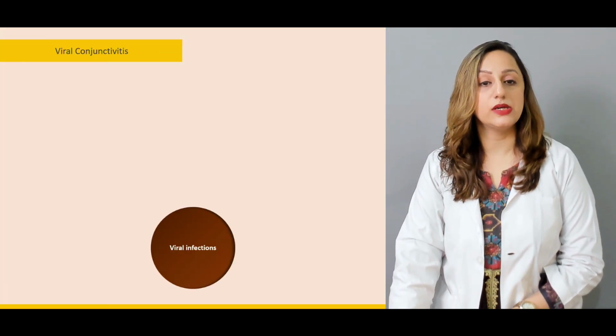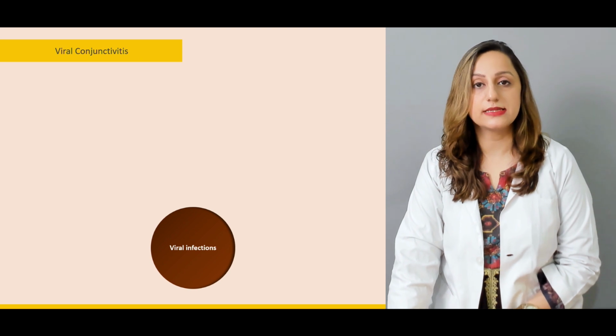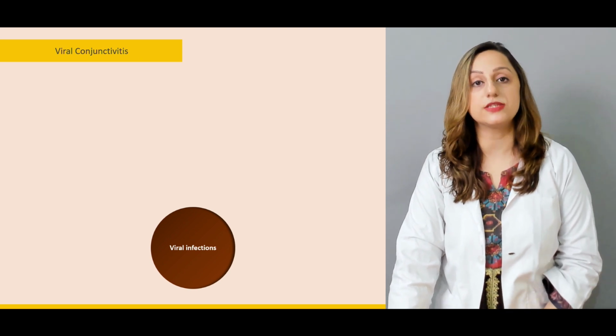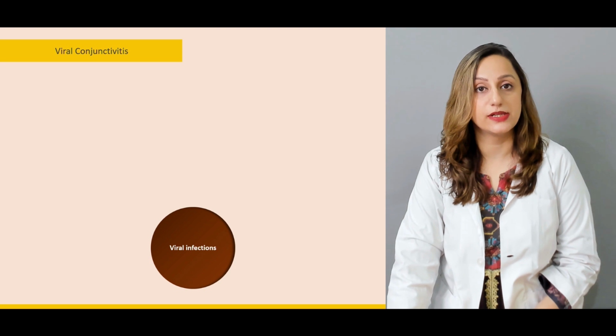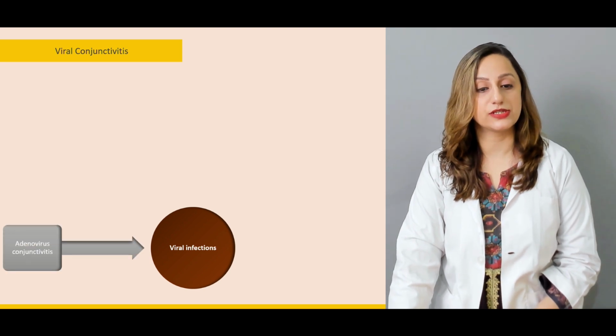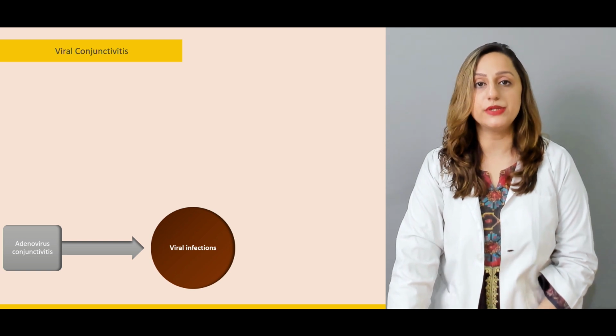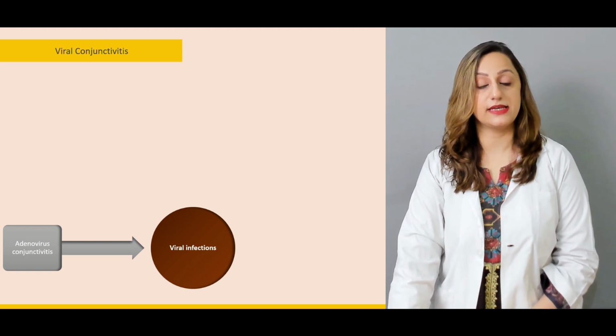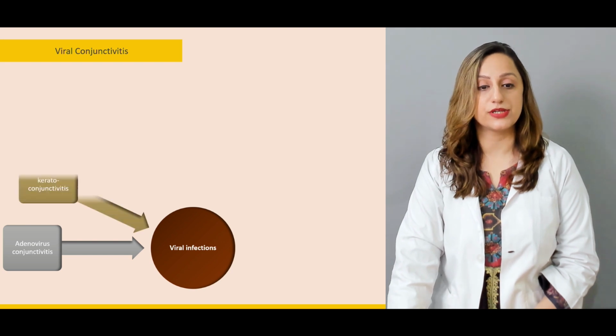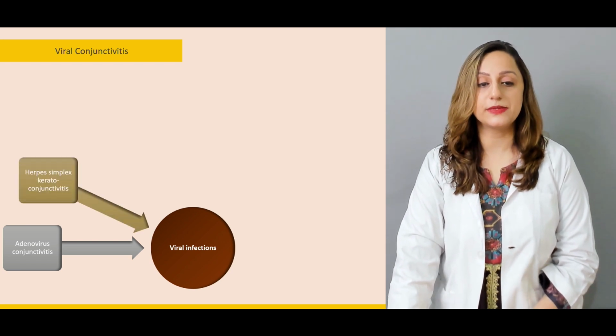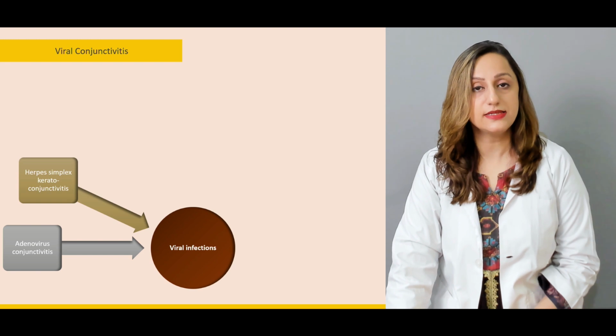Over here, if we summarize the causative organisms responsible for viral conjunctivitis, it is the adenovirus conjunctivitis, which is the most common kind of conjunctivitis we usually come across. Then we have the herpes simplex keratoconjunctivitis cases.